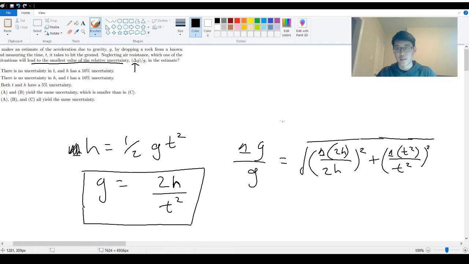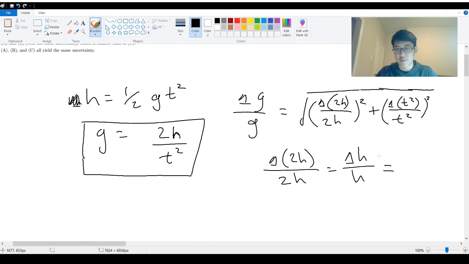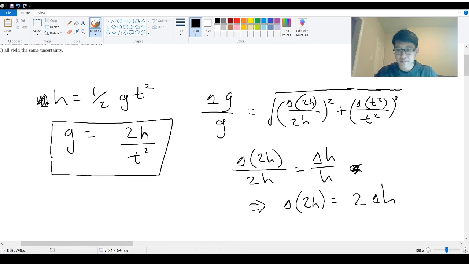Okay, and we can simplify this down further. The relative uncertainty in 2h, if we remember the equation for multiplying by a constant, would just be delta h over h. So the uncertainty in the 2h product is equal to 2 times the uncertainty in h.